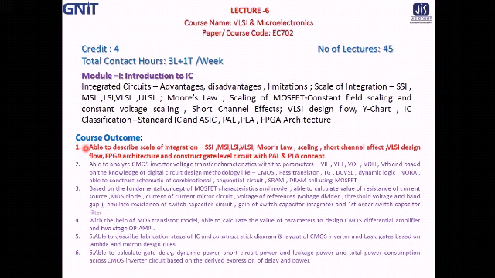The first course outcome is able to describe scale of integration, SSI, MSI, LSI, VLSI, Moore's law, scaling, short channel effect, VLSI design flow and architecture, and construct gate level circuit with PAL and PLA concept.